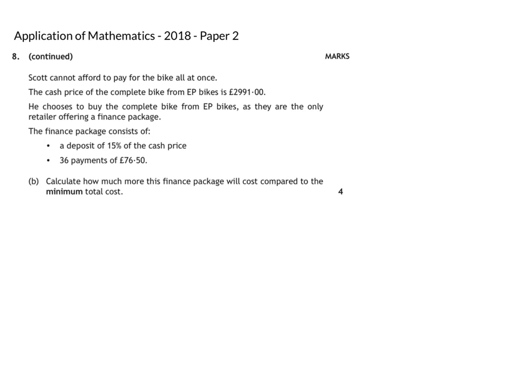So we need to remember from part A what our value was, and we had that the minimum one was £2,960.39. So that's there, just to compare at the end. So we have our 15% deposit of the cash price. So we have 15% of our £2,991.